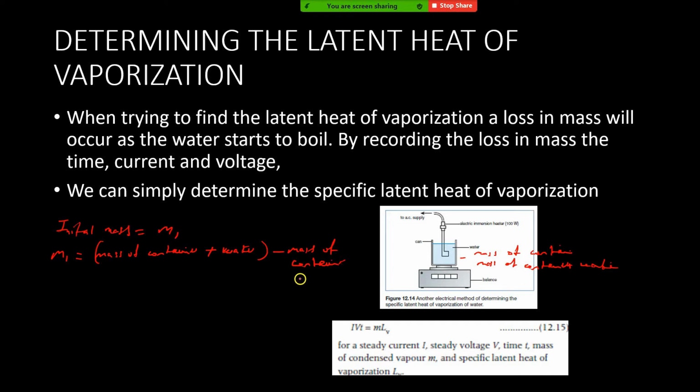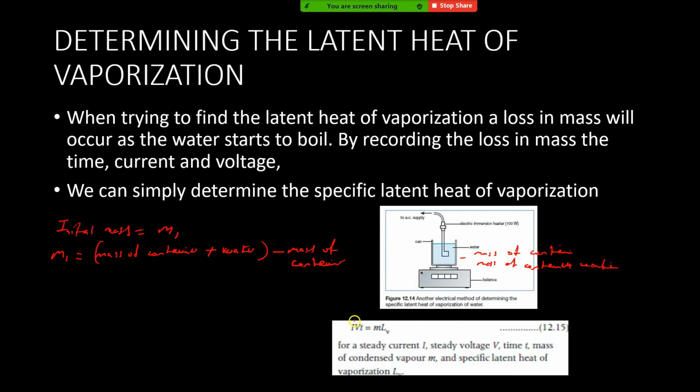And obviously, you're going to start the experiment. It's an electrical method that we're using. So obviously, the energy is going to be equal to IV times the time, right? So the very moment you turn on the heater, you're going to start your timer at the same time, right? You're going to measure the voltage, measure the current, right?